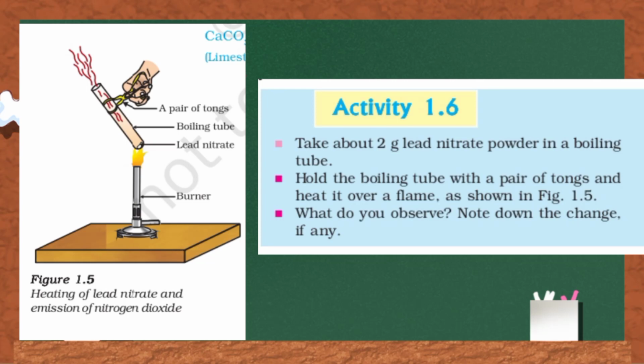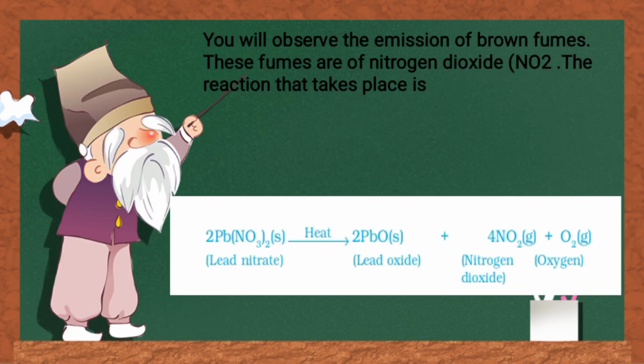Take about 2 grams of lead nitrate powder in a boiling tube. Hold it similarly to when you took ferrous sulfate; here you have to take lead nitrate. So what happens? Let us see. You will observe the emission of brown fumes. These are fumes of nitrogen dioxide.